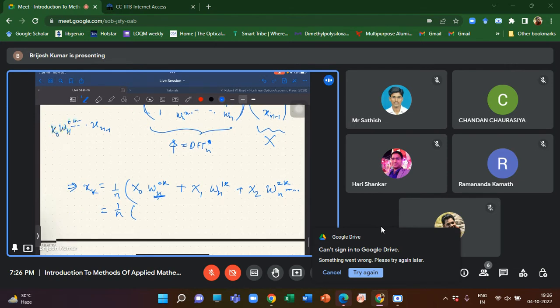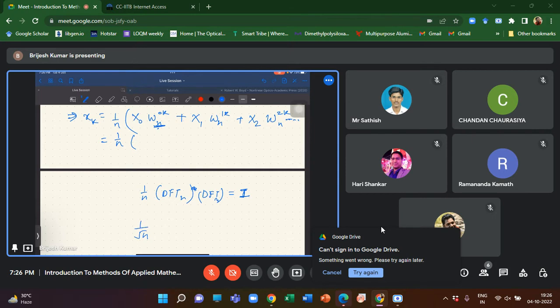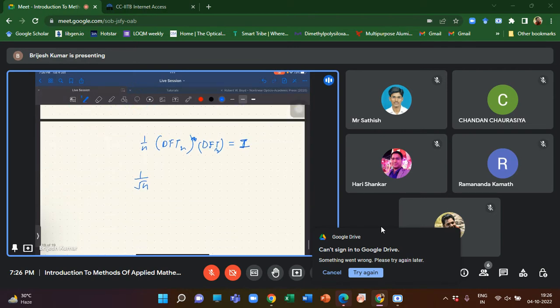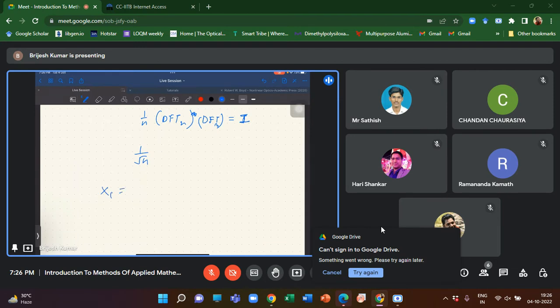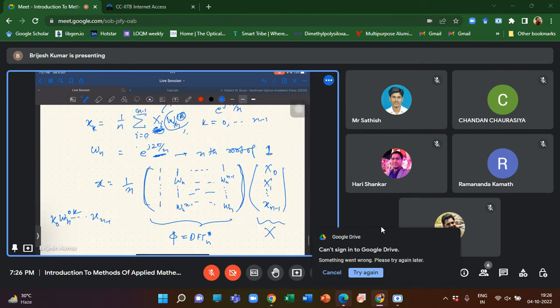If we normalize it by 1 by root n, the DFT would exactly implement on the orthonormal basis. The decomposition formula is xi is equal to summation k equal to 0 to n minus 1 xk wn minus ik, where i is equal to 0 to n minus 1. I think this formula is used to decompose this one into this.